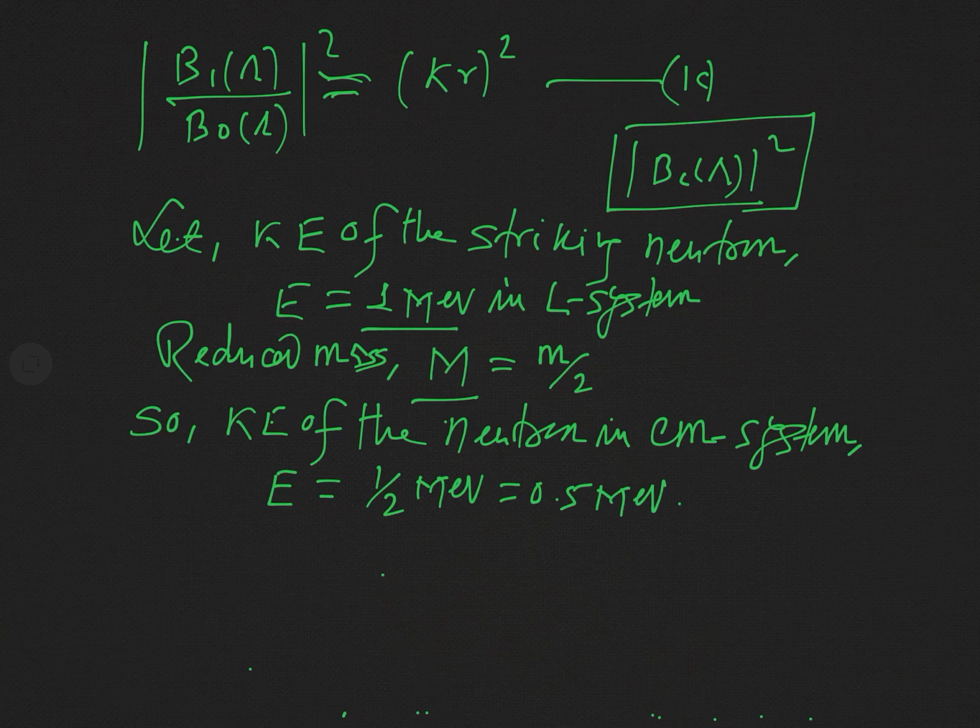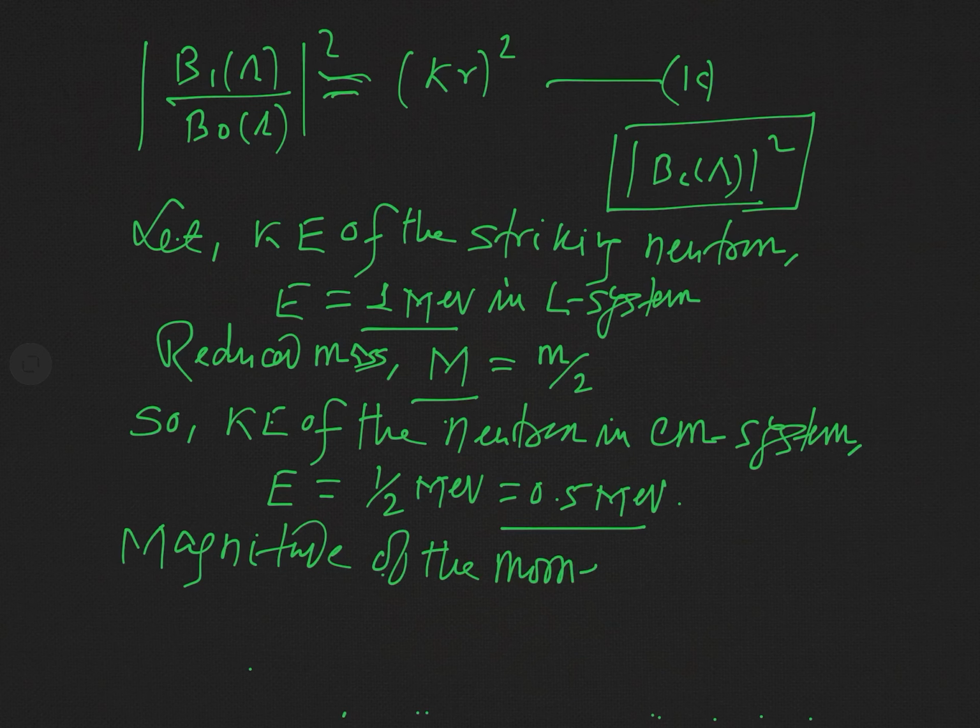Now, if the kinetic energy of the neutron in the CM system is 0.5 mega electron volt, what will be its momentum? That is, the magnitude of the momentum of the neutron.